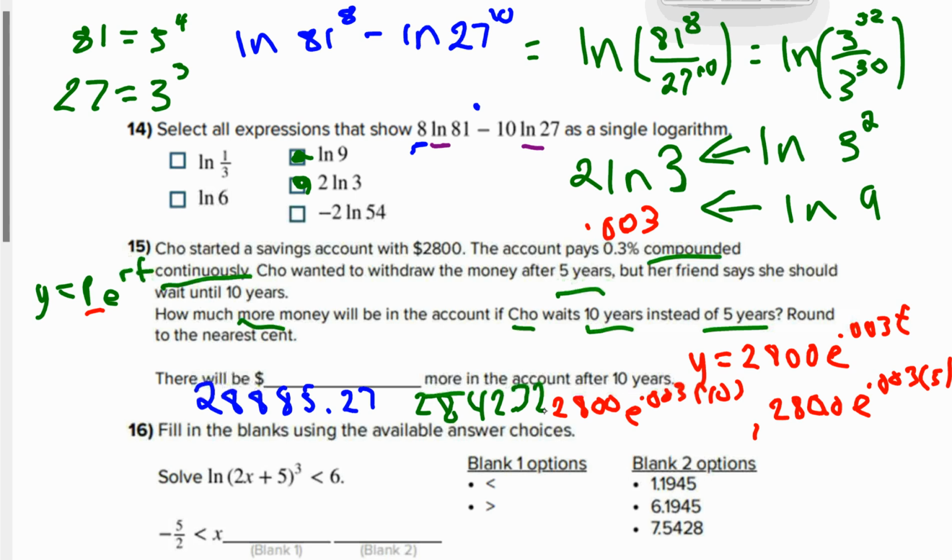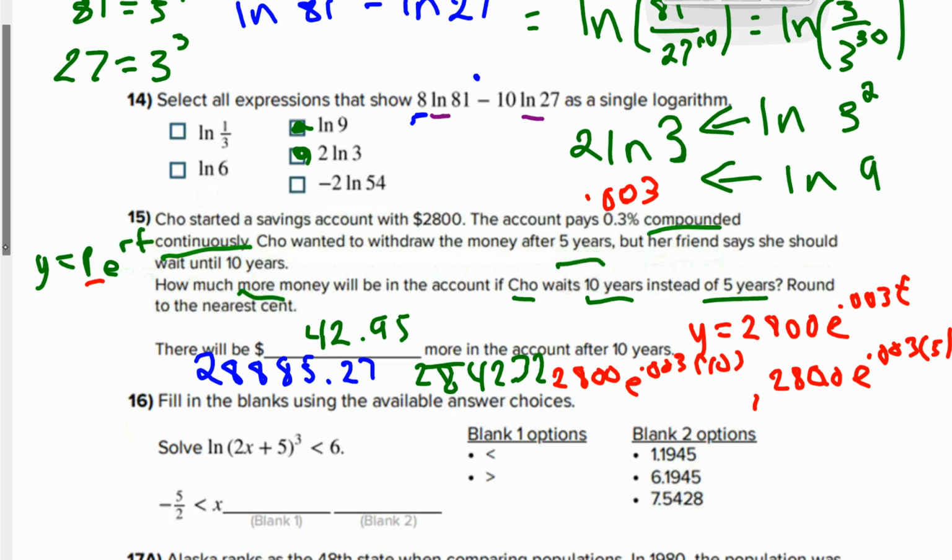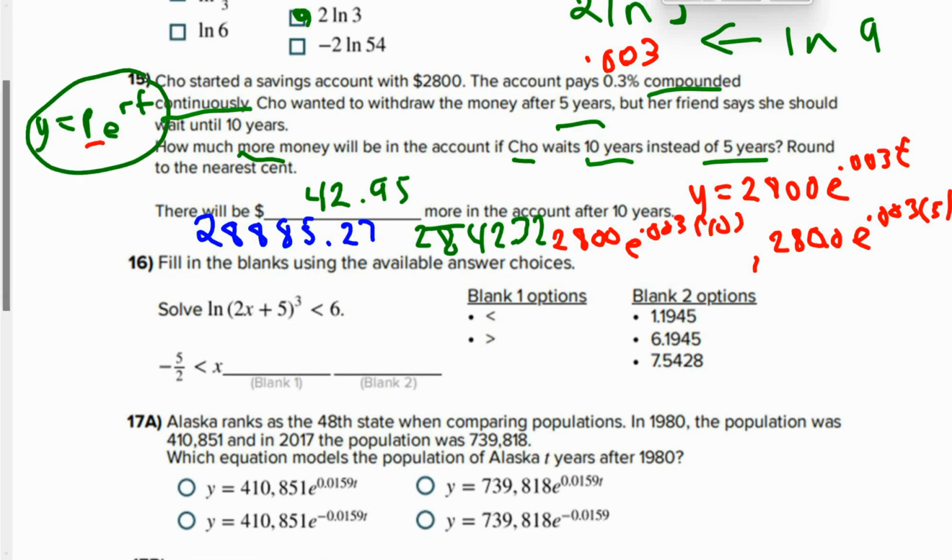Well, we would subtract those two, and we get $42.95. So is it worth it to wait 5 more years for 43 bucks? Maybe not. Maybe you can do something else to make 42 bucks. Okay, so make sure you read through the problem, right? Continuous interest, that's this one. It's just an exponential with base e, right? And then make sure you know what it's asking for exactly when you put in the answers.